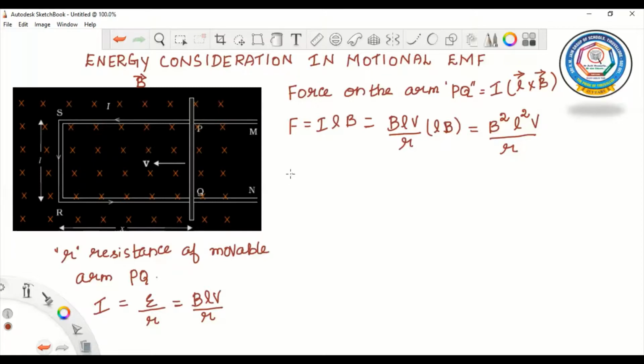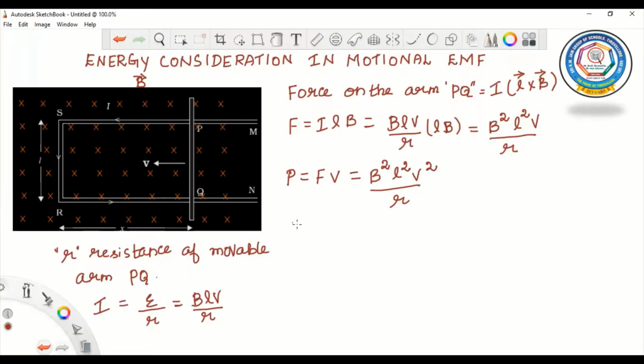We know that power is equal to force into velocity. Already we know the force is B square L square V divided by R, into this velocity V. So we will get P equal to B square L square V square divided by R.